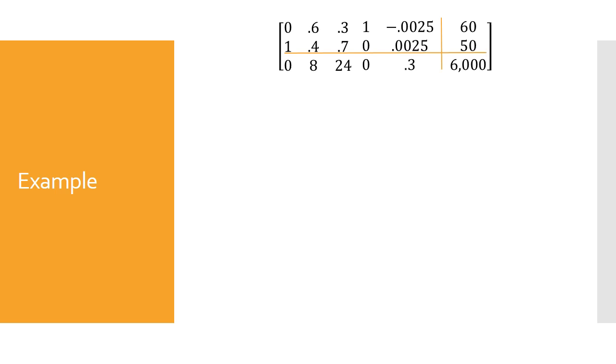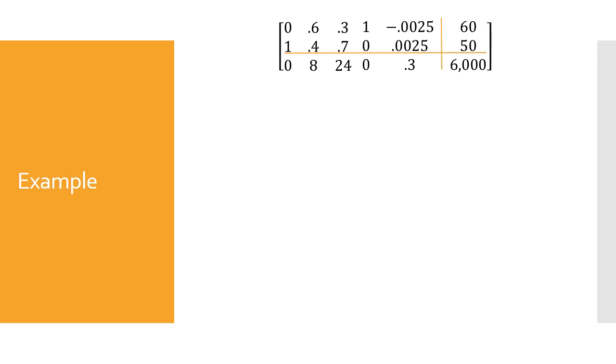The way I know that is that there are no negative indicators in that bottom row. You have no negative numbers left in the bottom row, so we're good to go. Remember that we're going to take our basic variables, which would be the variable in the x1 column and the s1 column, and we're going to have those equal the number at the far right.